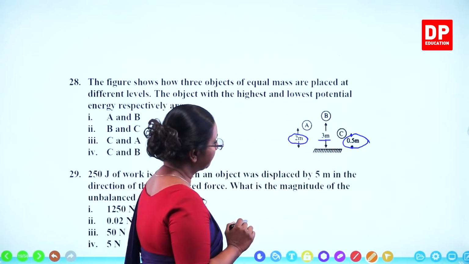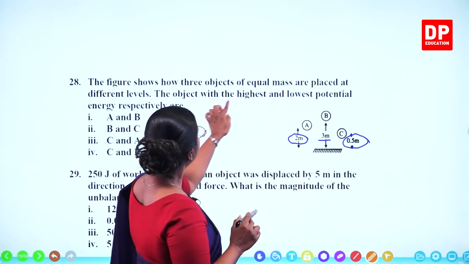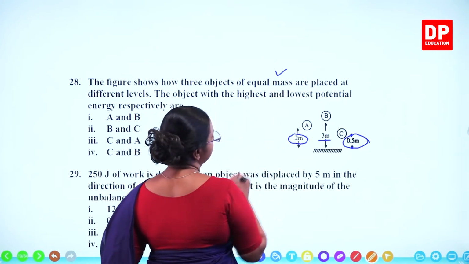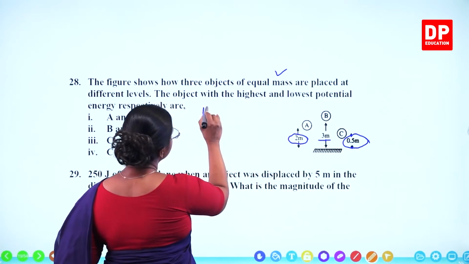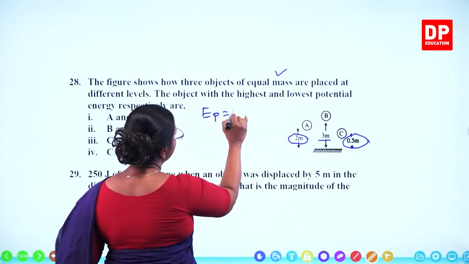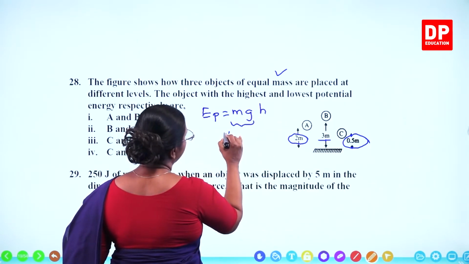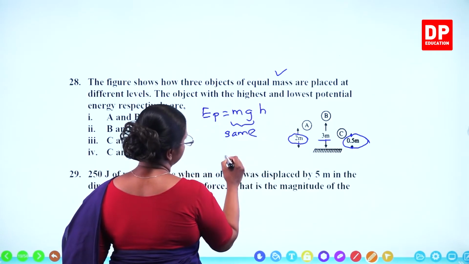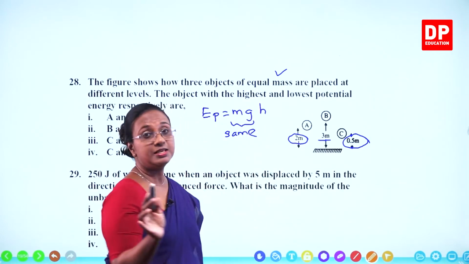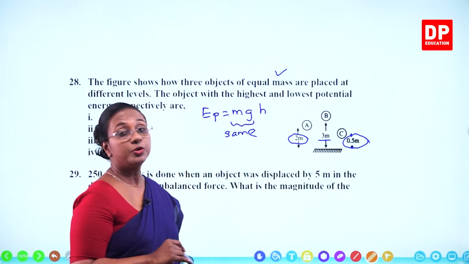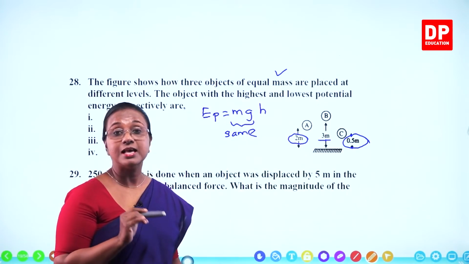What will happen? They have said three objects of equal mass. So E potential, you can remember mgh. These two are the same for all three objects. Mass is the same, gravity is constant. So the potential energy will depend on its height.